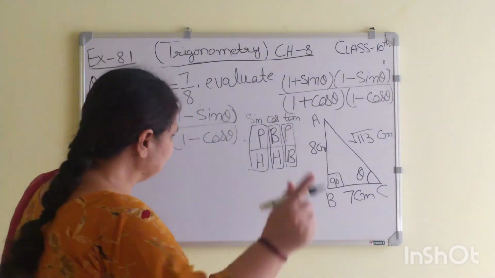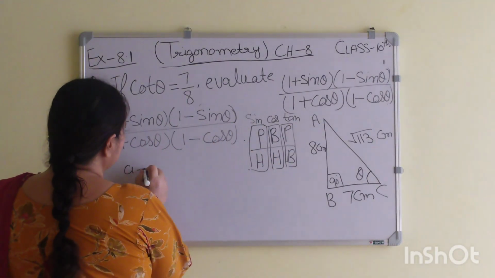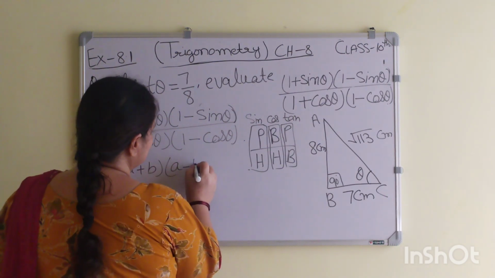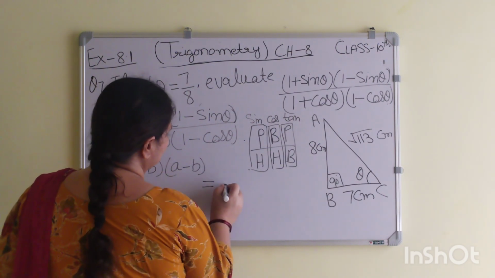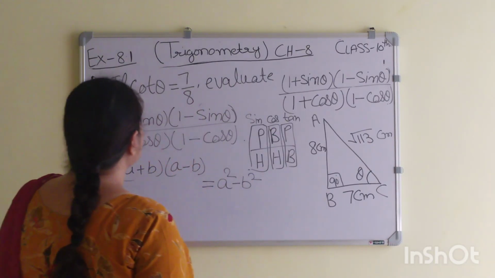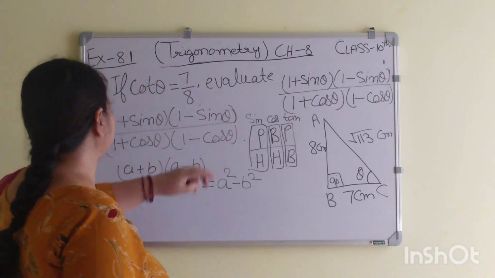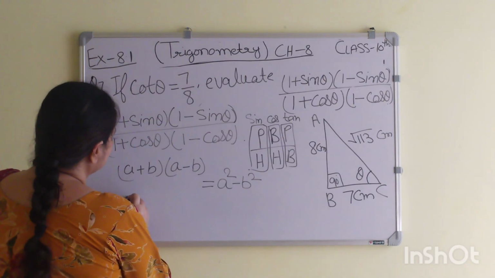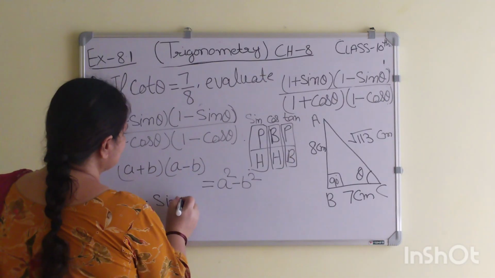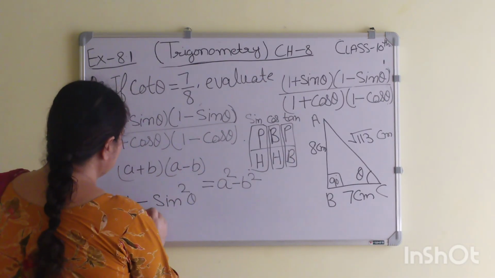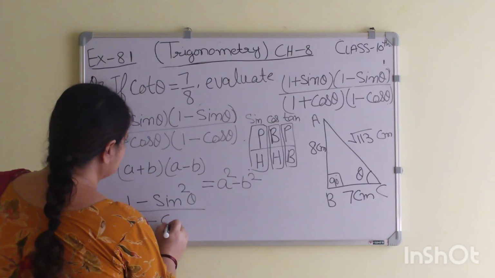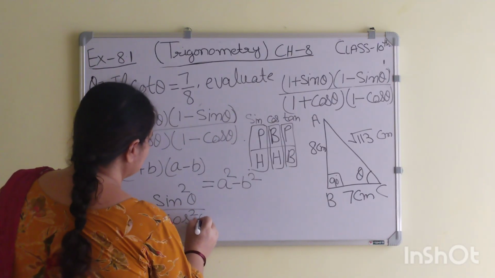Which identity? (A plus B)(A minus B) is equal to A square minus B square. So we can write it 1 minus sin square theta upon 1 minus cos square theta.